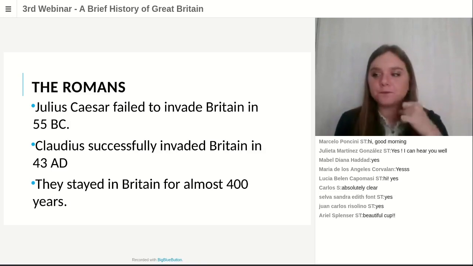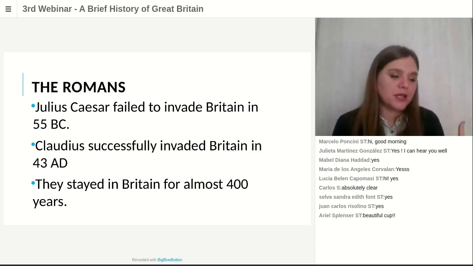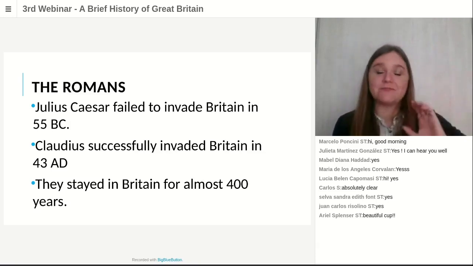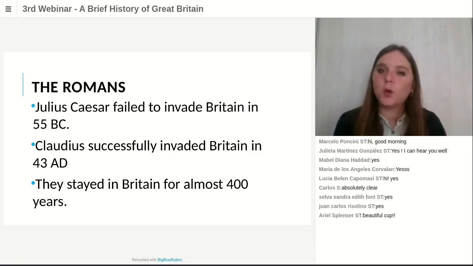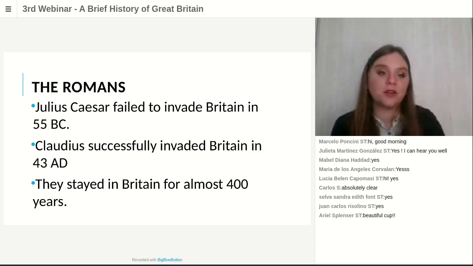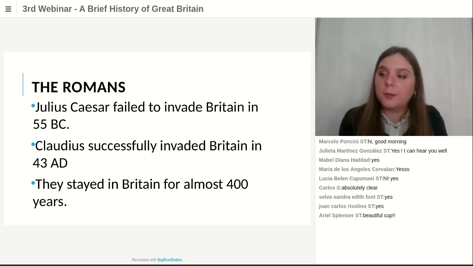They started their invasion in the south, and they moved upwards. They got up to what they called Caledonia. Caledonia is more or less what is now Scotland. They call that area Caledonia. They call England Britannia because of the Britons who lived there.